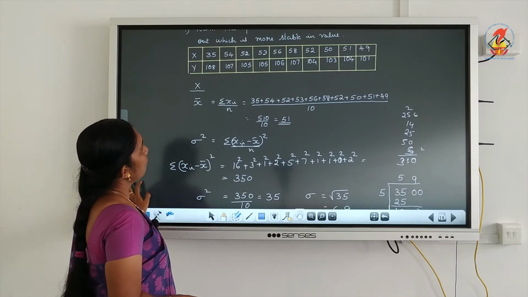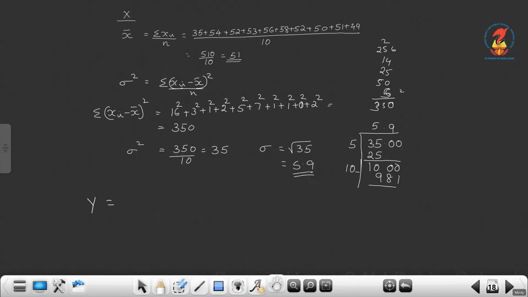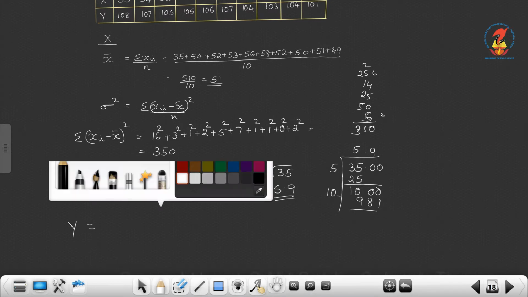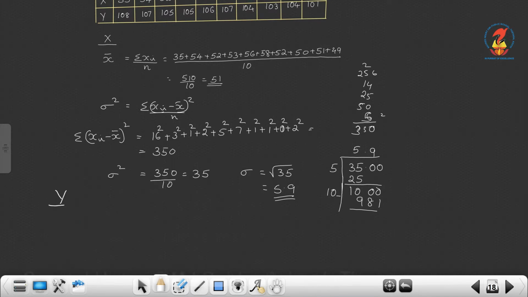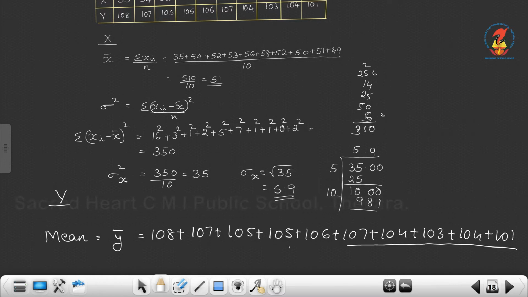Now the same way you have to find for y. Here the mean is denoted y bar. The sum of observations: 108, 107, 105, 105, 104, 106, 107, 104, 103, 104 and 101, divided by 10.